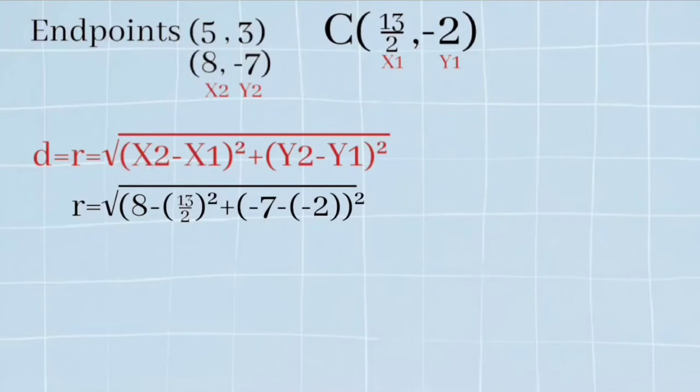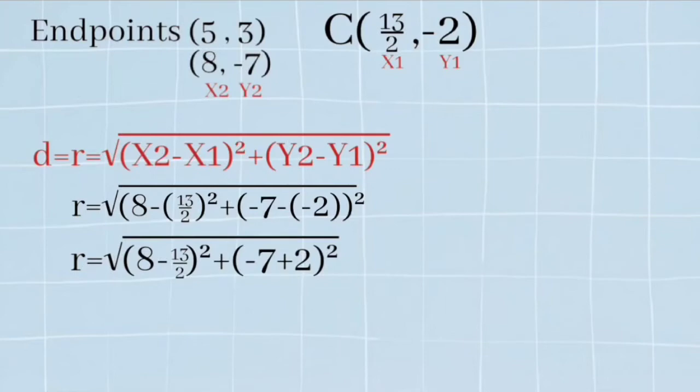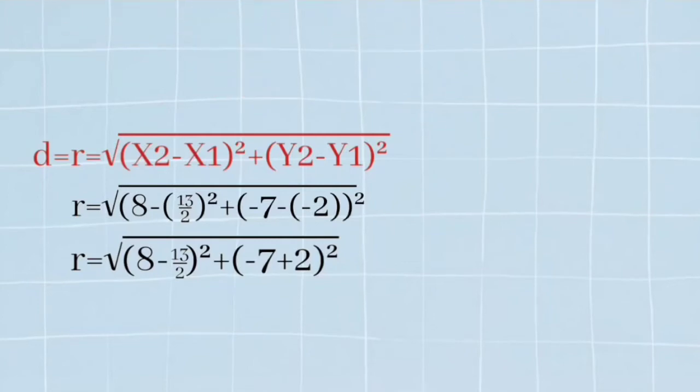So 13 over 2 will be multiplied by the negative sign, so it will be negative 13 over 2, while negative 2 will be multiplied by the negative sign, then it will change into positive, so it will be positive 2.